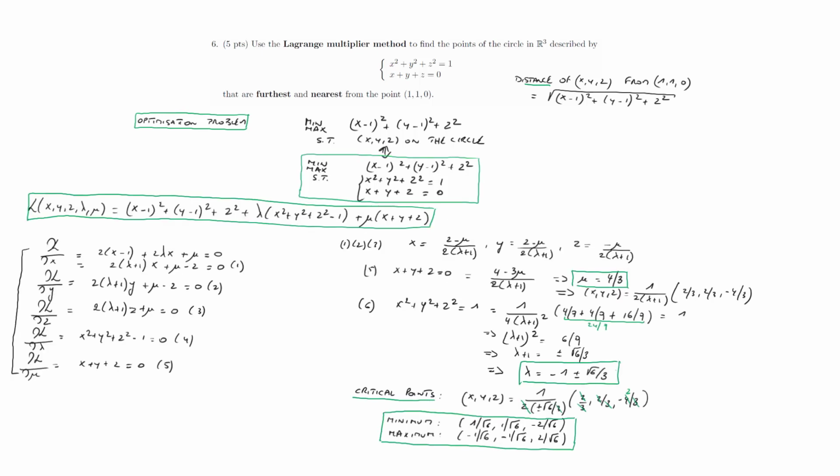Well, the first thing that we have to do is to write the Lagrange function, which is in terms of the original values x, y, z, and two Lagrange multipliers, because there are two constraints. Okay, here we recognize the original cost function, and here we add two terms. The first term is the first Lagrange multiplier times the constraint.